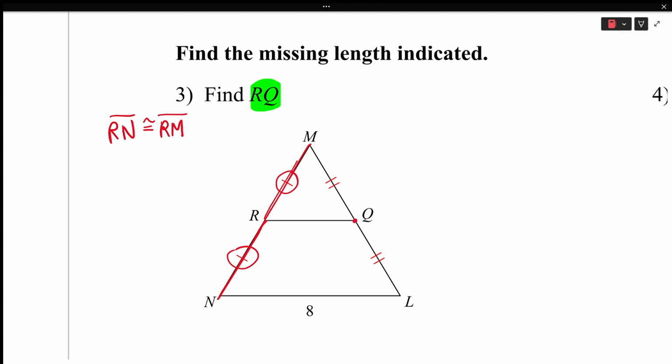And then same thing on the other side. QM is congruent to QL. They both have these two marks, right? So that means those parts are congruent. So if those halves are congruent to each other, then that means R and Q are midpoints here.